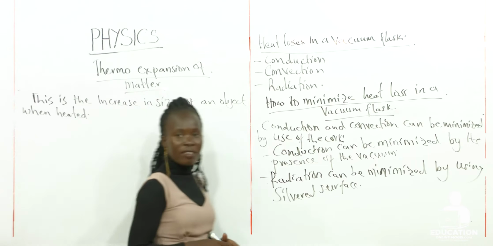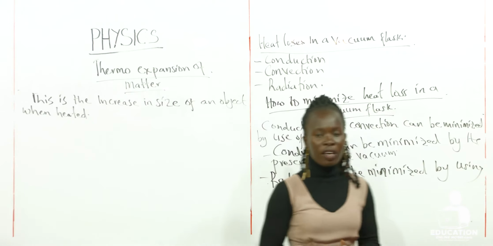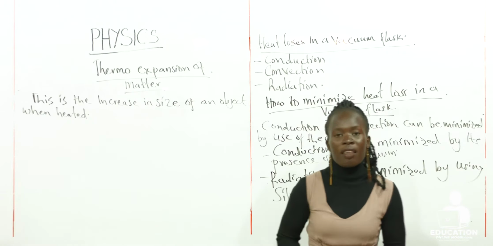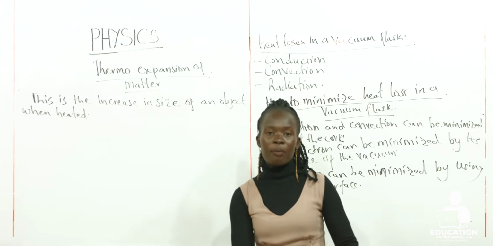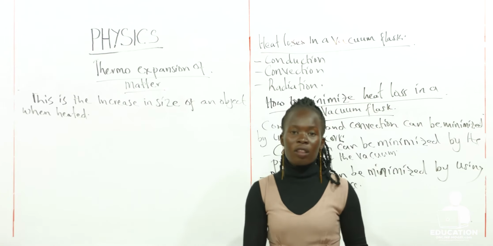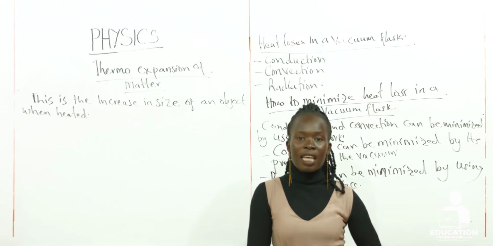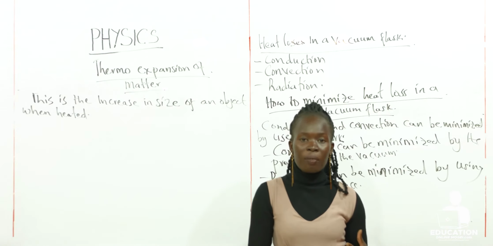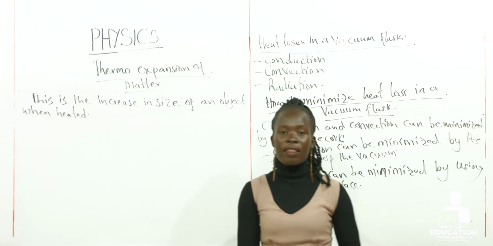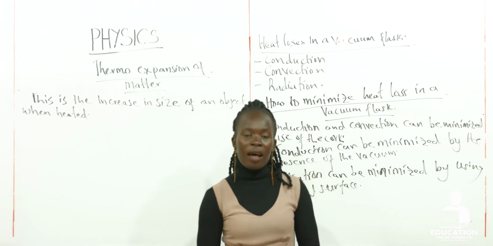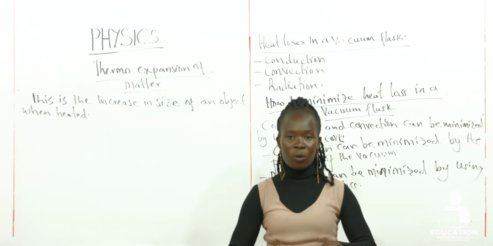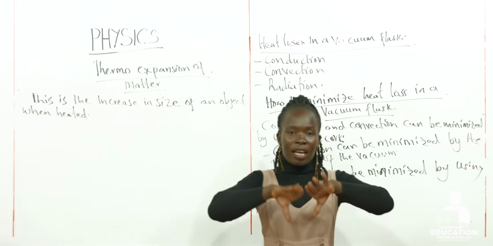So how does something increase in size when you've heated it? We say that matter comprises tiny particles. When you heat the object, these tiny particles are going to be loosened, and when they are loosened, they can move from one place to another.